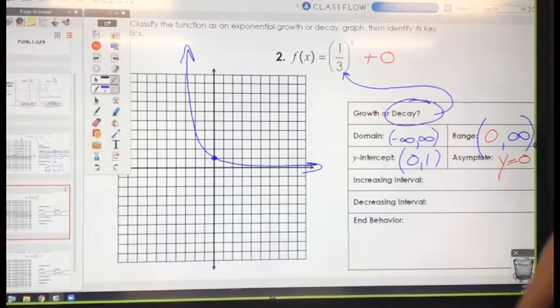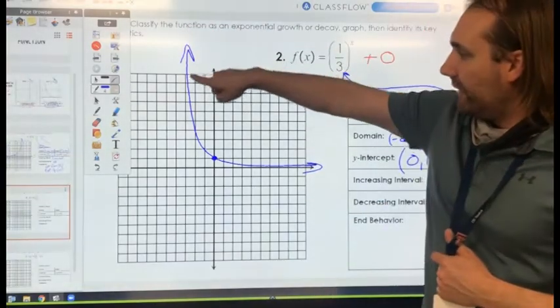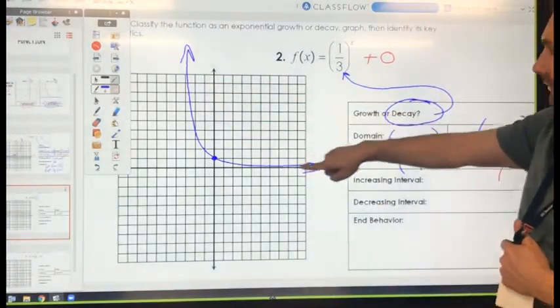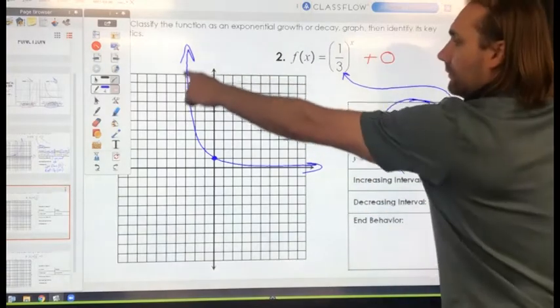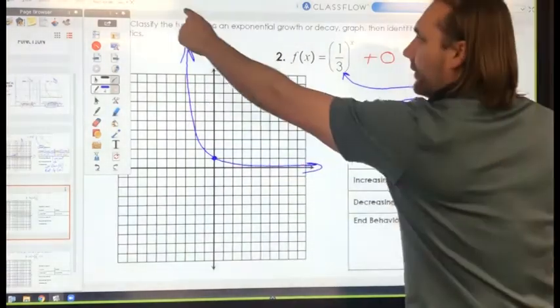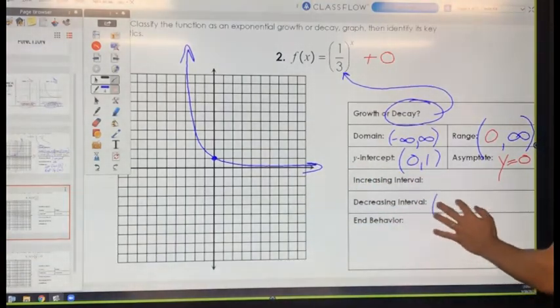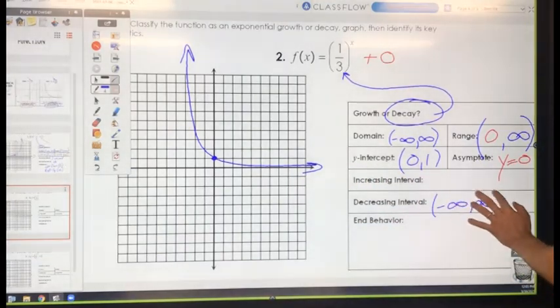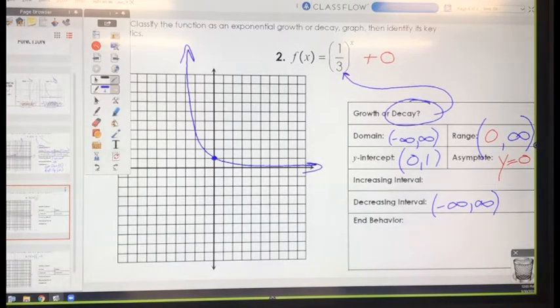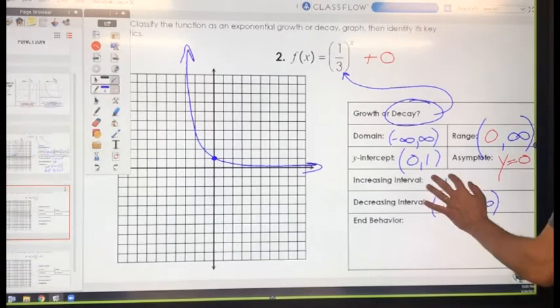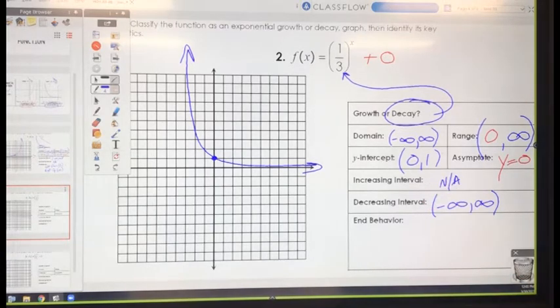And as I draw this from left to right, is my finger increasing or decreasing the whole time? Decreasing. Again, you're drawing it from left to right, I am decreasing the whole way. So my interval is from negative infinity to positive infinity as far as decreasing. Do I have any intervals of increasing? No. There are none.